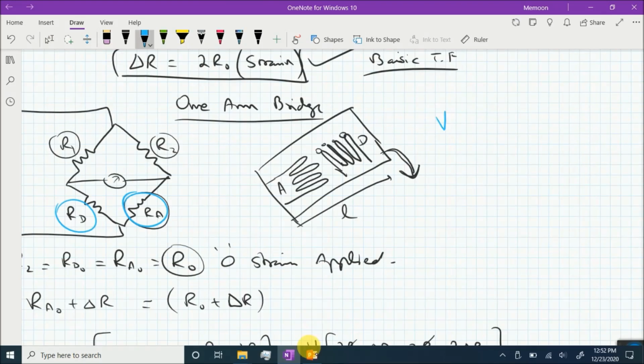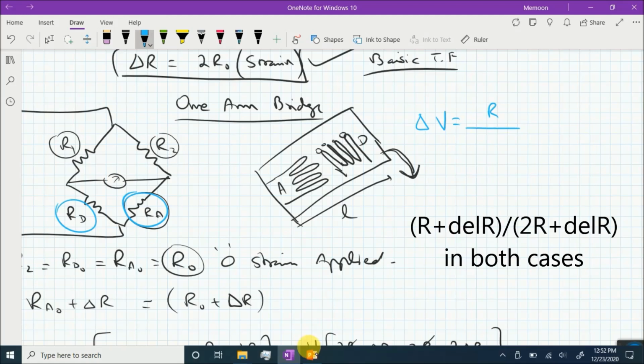So del V will be equal to R over R plus delta R minus R over R plus delta R, and that would be equal to 0. Bridge was at 0.